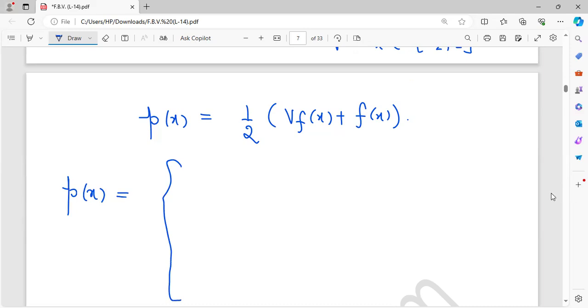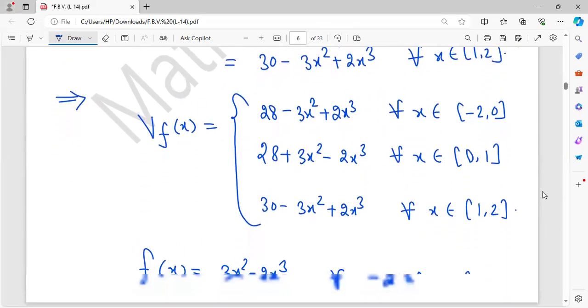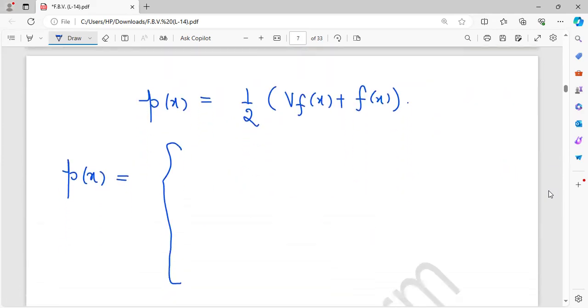You add BFx plus Fx, then what will you get? These terms will be cancelled out. So you will get 14, because 1 by 2 is here. So you will get 14 here, for all x belongs to minus 2 to 0.